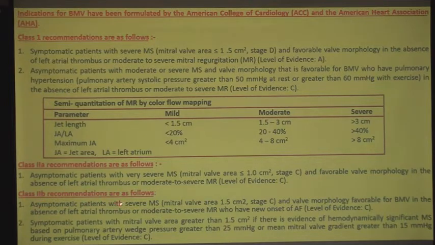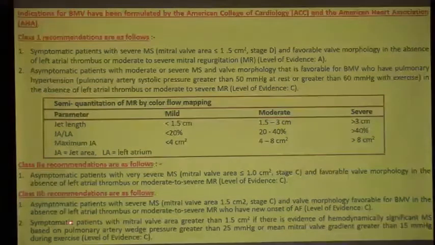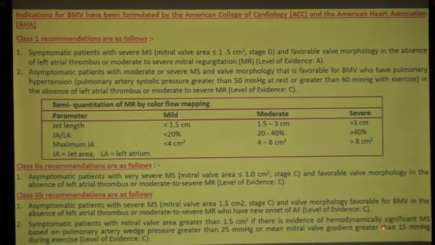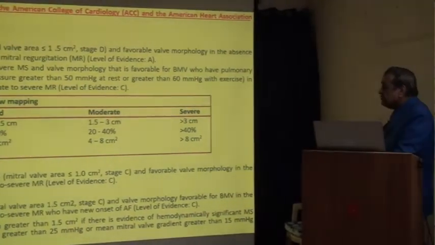Number 1, asymptomatic patient with severe mitral stenosis, meaning valve area 1.5 centimeter square, meaning stage C of mitral stenosis and valve morphology favorable for balloon mitral valvuloplasty in the absence of left atrial thrombus or moderate to severe MR, who have new onset of atrial fibrillation, level of evidence C. Number 2, symptomatic patients with mitral valve area greater than 1.5 centimeter square, if there is evidence of hemodynamically significant mitral stenosis based on pulmonary artery wedge pressure greater than 25 millimeter of mercury and mean mitral valve gradient greater than 15 millimeter of mercury during exercise. This is level of evidence C.